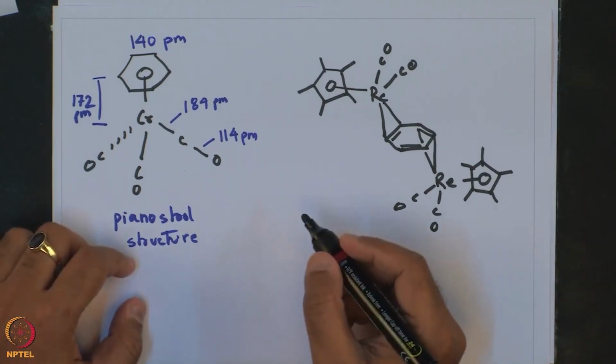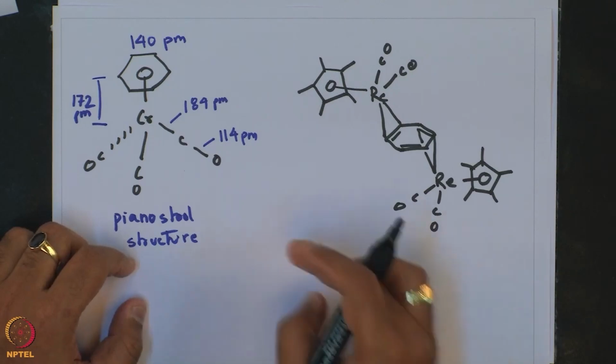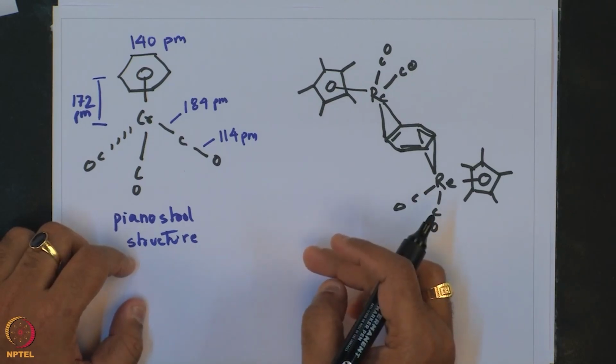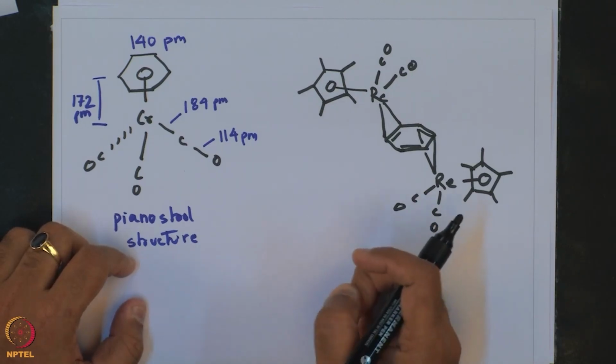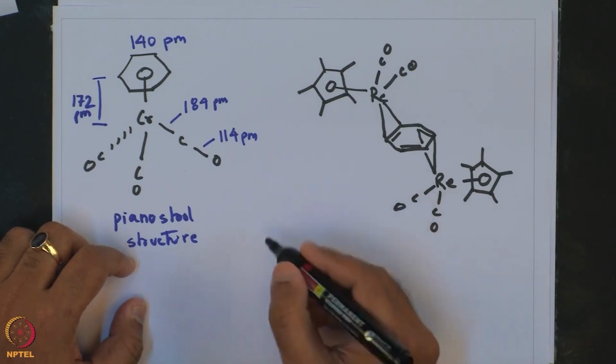Here is also a trinuclear structure. This is also a very interesting example in which the arene is bound to 3 osmium centers in a trinuclear fashion.